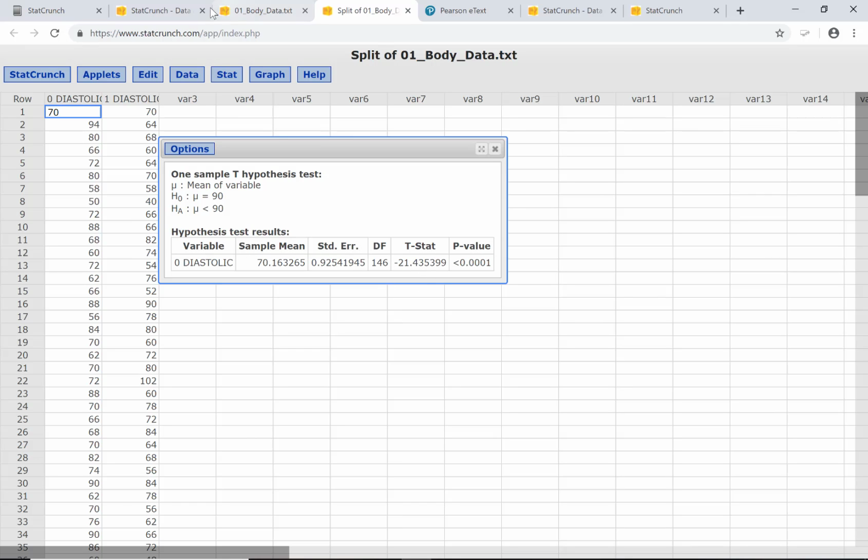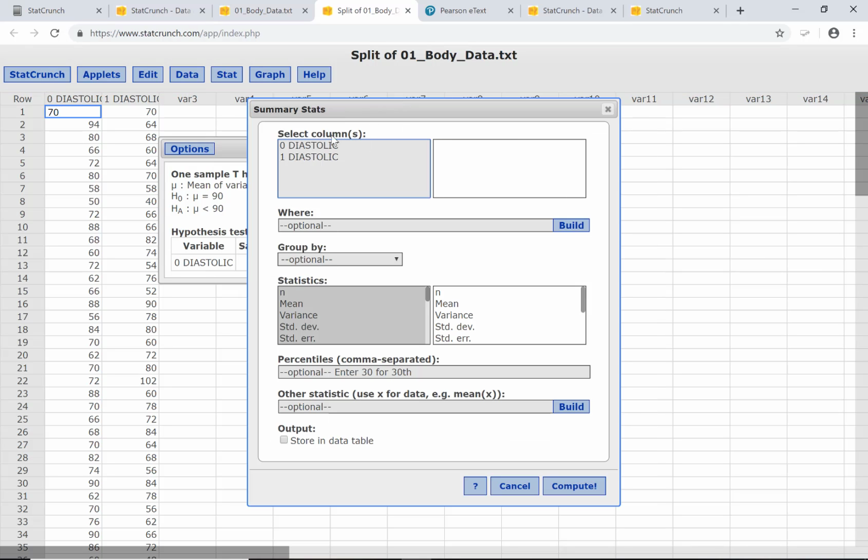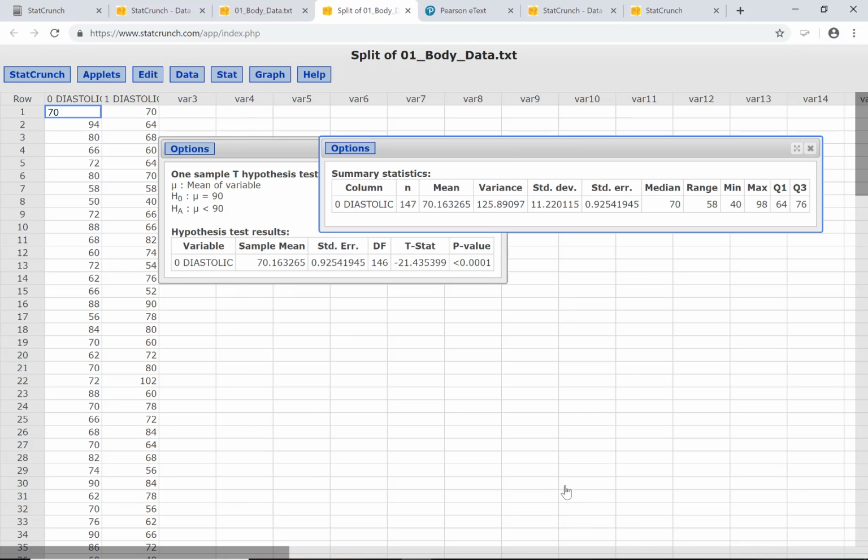I'm going to do one more thing. I'm going to do stat, summary statistics, columns, and I'm just going to do the zeros diastolic because that's what we're interested in. This has the stuff I want, and let's compute.